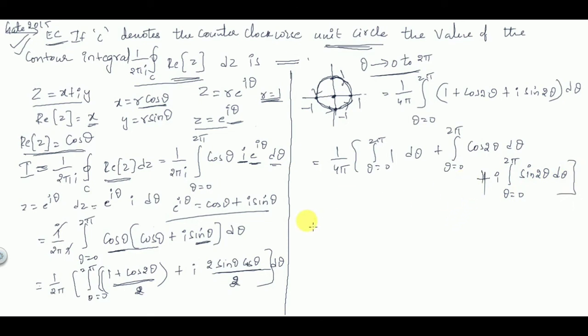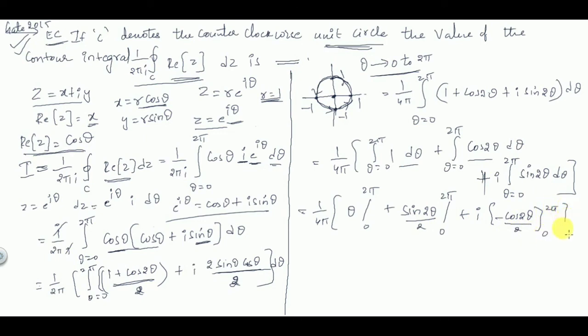So 1 by 4 pi into, 1 d theta is theta, limits are from 0 to 2 pi, plus the integral of cos 2 theta is sin 2 theta by 2, limits from 0 to 2 pi, plus i into the integral of sin 2 theta, which is minus cos 2 theta by 2, limits from 0 to 2 pi.